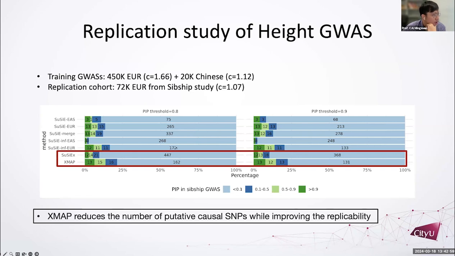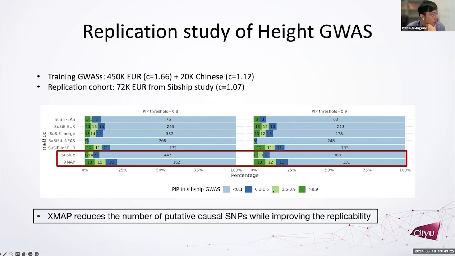Now the result is here. We can look at the left panel, where we use 0.8 as a threshold to identify the causal signals. Basically, we categorize the SNPs into 4 groups. The deep green suggests that those SNPs have a very high PIP, larger than 0.9, in the third cohort.